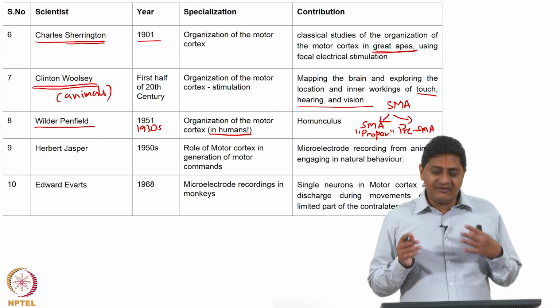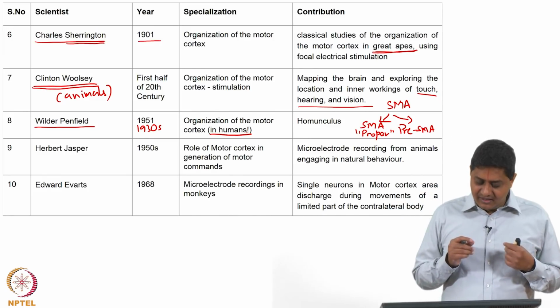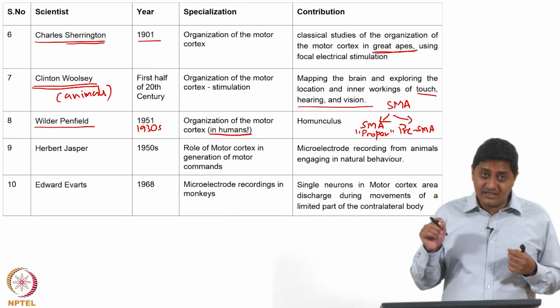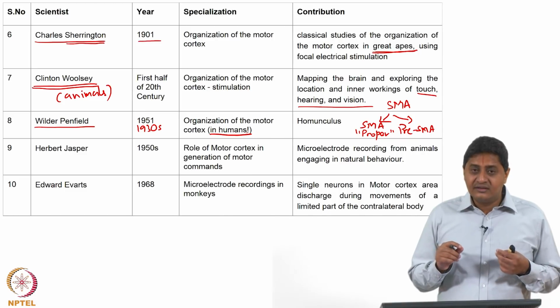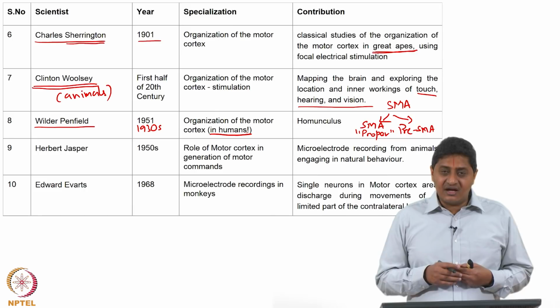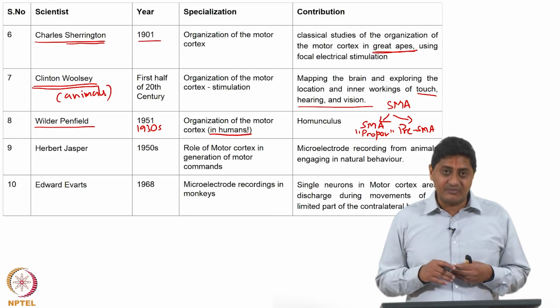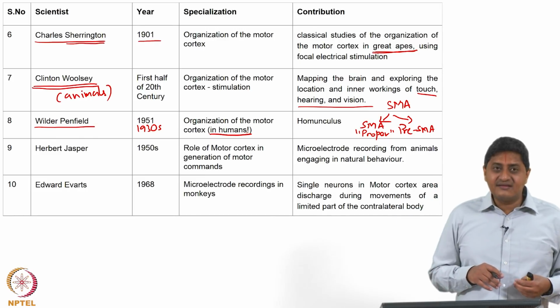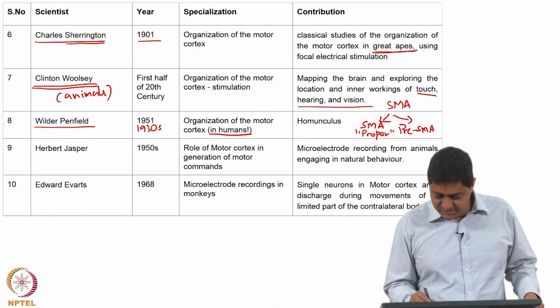So, this is data from hundreds of patients, and during the surgery he stimulated certain parts within M1, and he found that there was disproportionate representation of hand, fingers and the face when compared with the rest of the body. This he called the little man within the brain, or the homunculus.